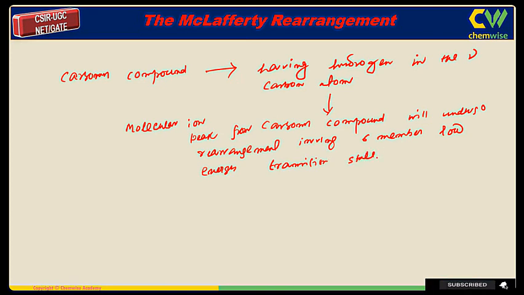What is the beauty of this kind of rearrangement? That rearrangement is called McLafferty rearrangement. And what happens during such a rearrangement? One alkene molecule goes away from the molecular ion.